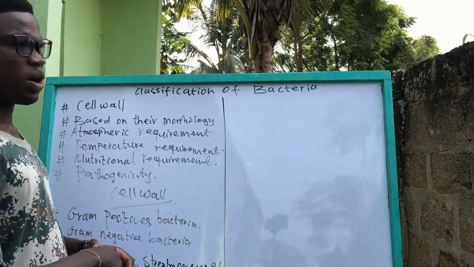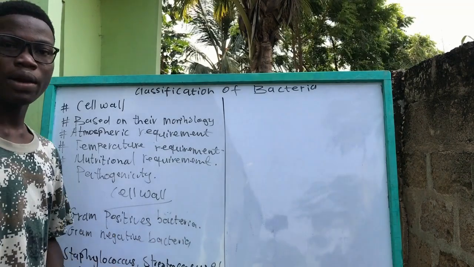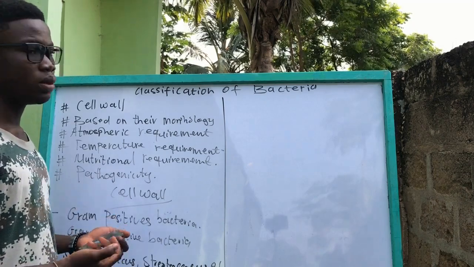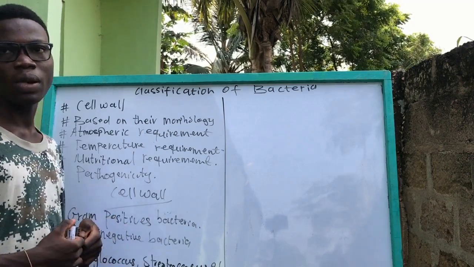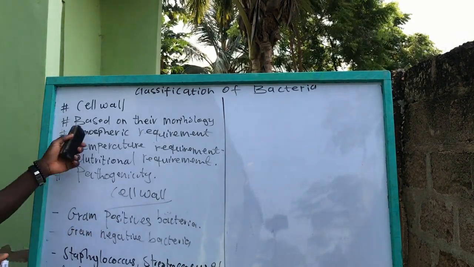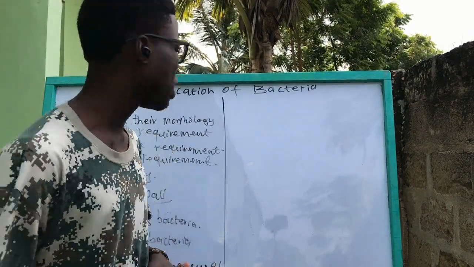So we can talk about Escherichia coli, Pseudomonas aeruginosa, Helicobacter pylori, and a lot of others. Alright, now let's talk about the classification of bacteria based on their morphology.